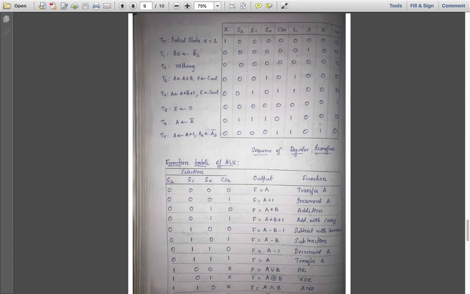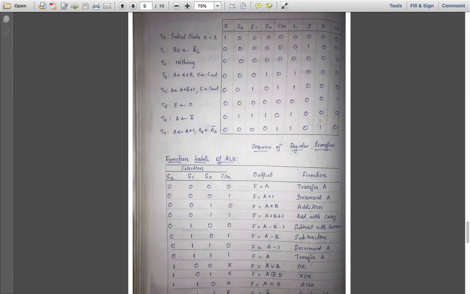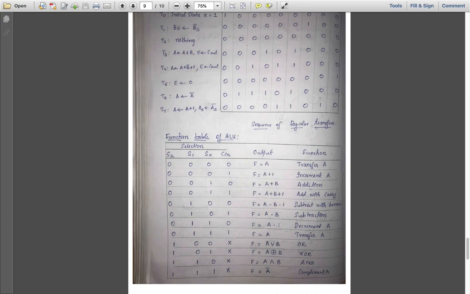Now in T6, what has been done? You take the complement of the content of the register A. To take the complement of A, what is the function being done here? Let's check.